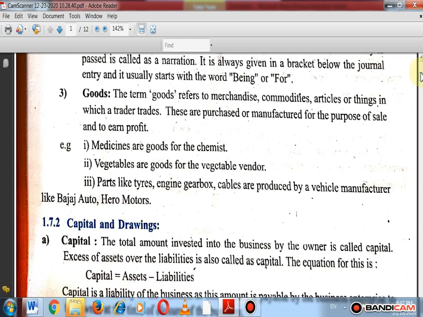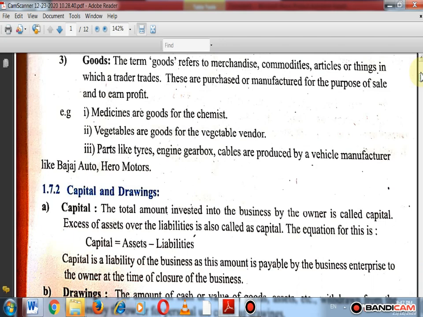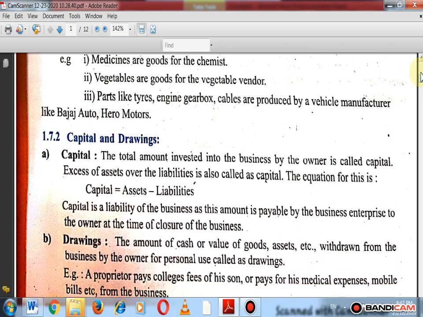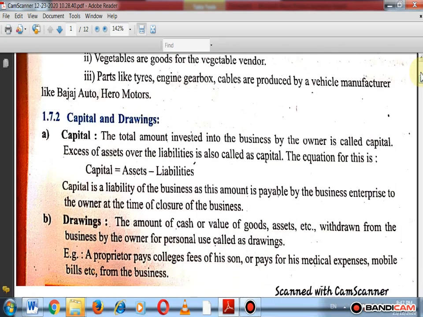Next one is capital and drawings. Capital: the total amount invested into the business by the owner is called capital. Excess of assets over liabilities is also called capital.